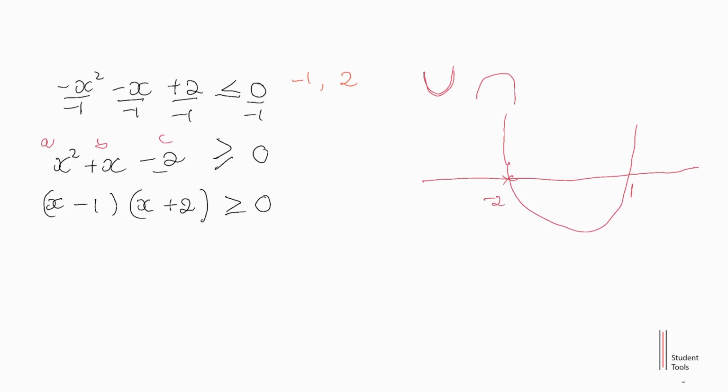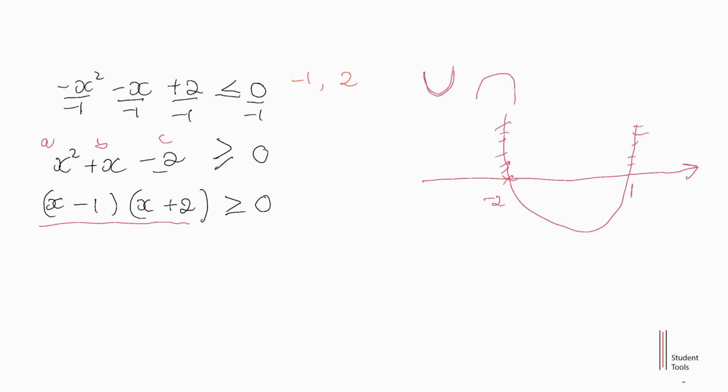Okay, the question requires us to determine where the graph is greater or equal to 0. 0 is the x-axis. So where is the graph greater than the x-axis? It's here and here. That's where the graph is greater. So that means our answers should look like this.